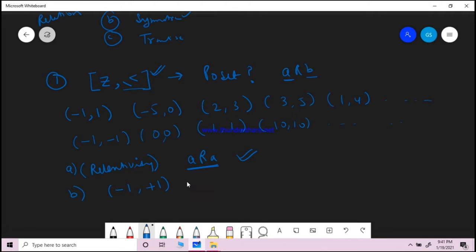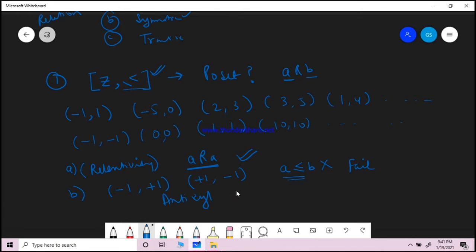If I reverse the order, this will be +1 and this will be -1, where this property gets violated: A is less than or equal to B fails here, as A is greater than B. So the symmetric property fails here, which means this is not symmetric, so it should be anti-symmetric.